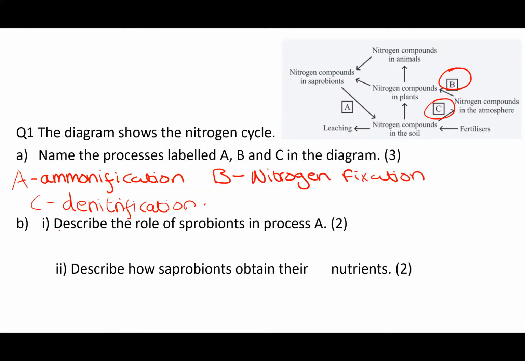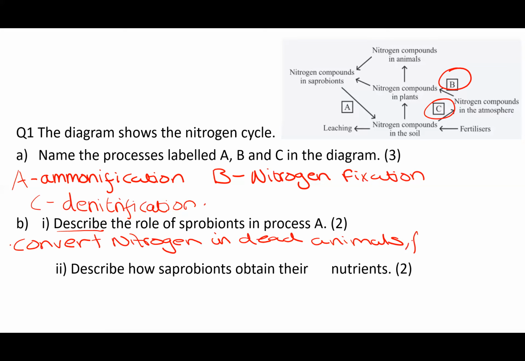You're then asked to describe the role of saprobionts in process A. Well, what do they do? They convert nitrogen compounds in dead animals, feces and urine into ammonia.